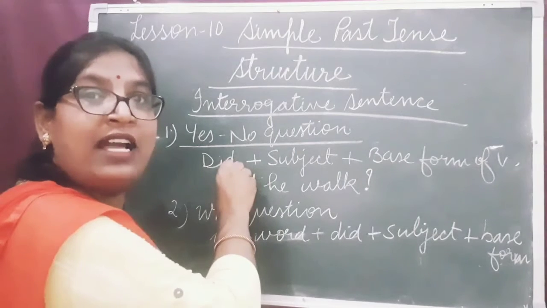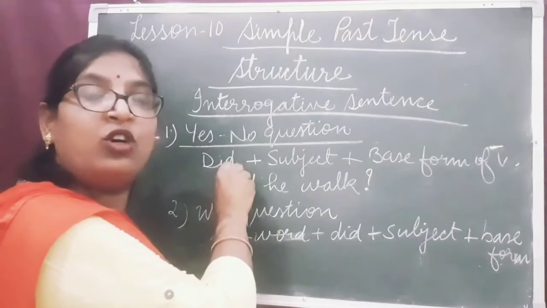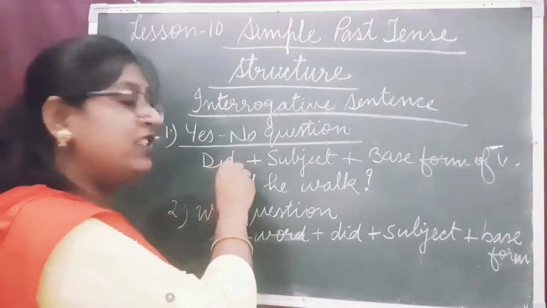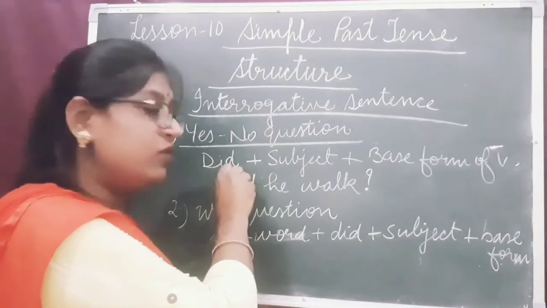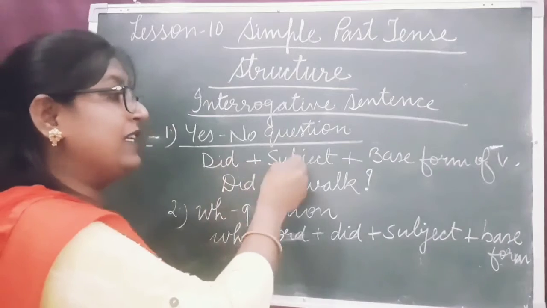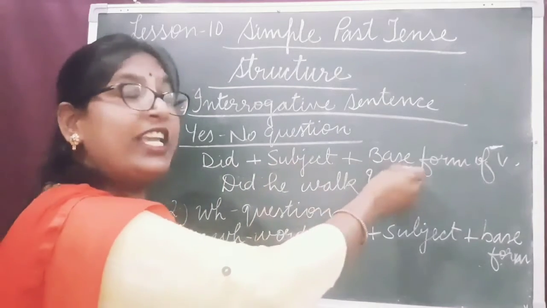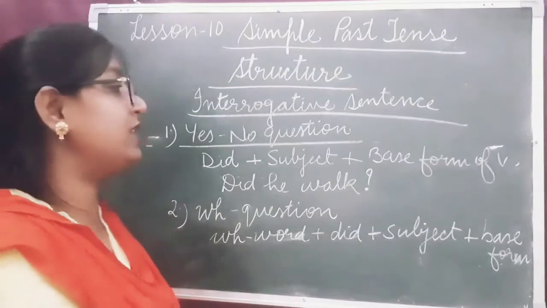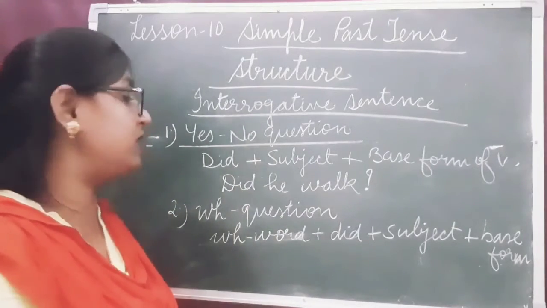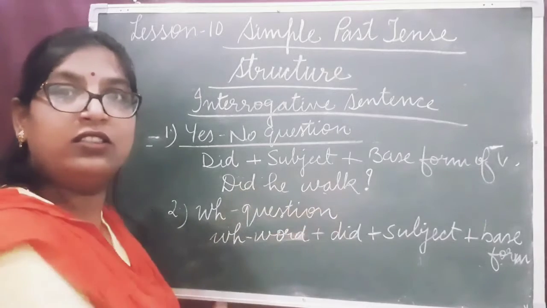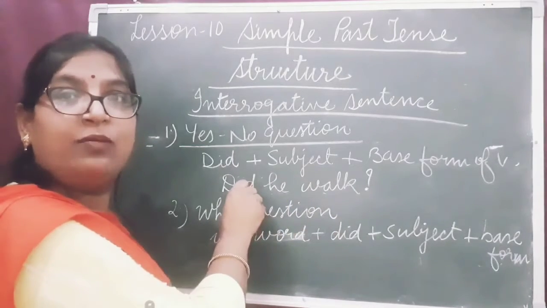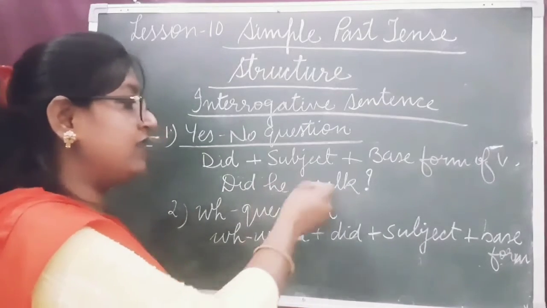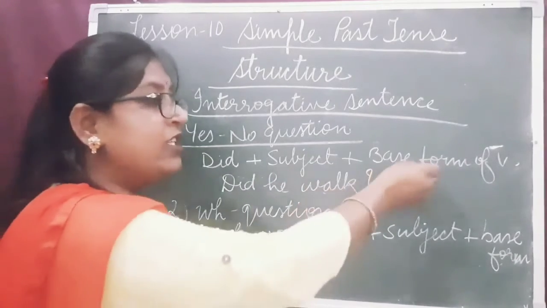Did, that is the past tense form of the auxiliary verb do. So did plus subject plus base form of the verb, that is an interrogative sentence of yes no type. Did he walk? Did, past tense form of the auxiliary verb do, he is the subject and walk is the verb in its base form.